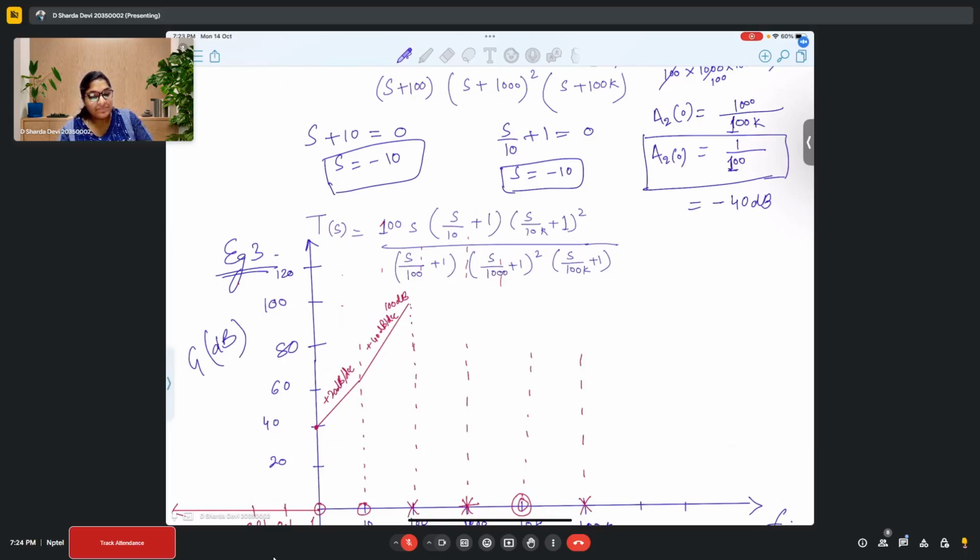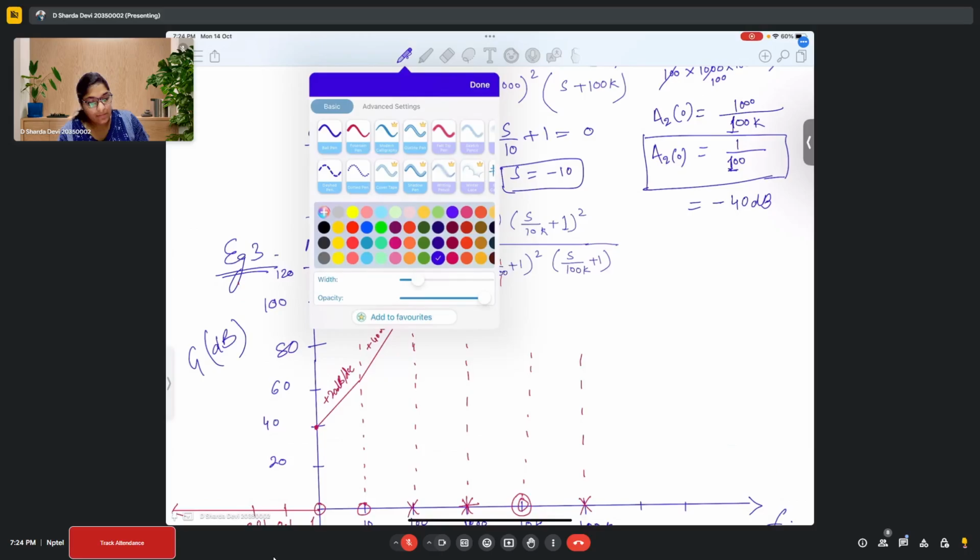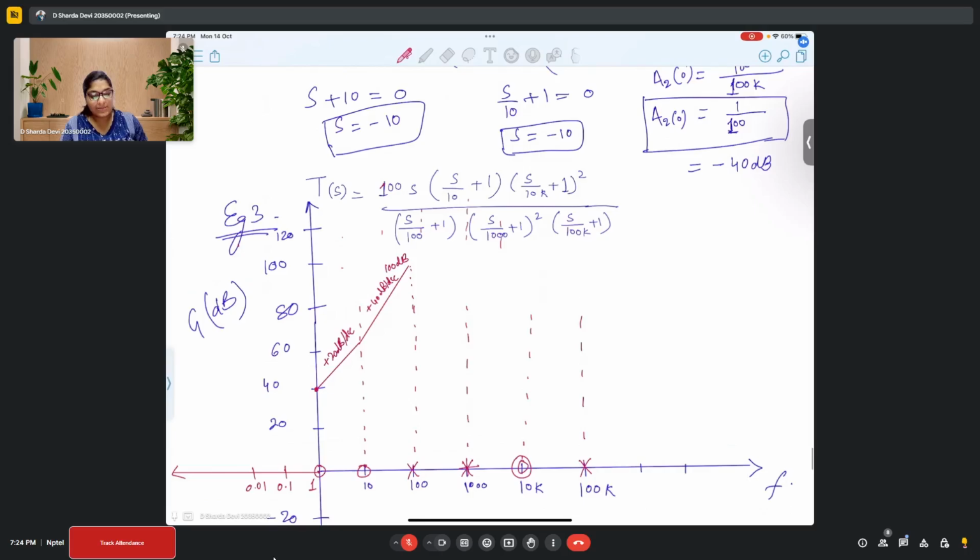Okay. So now we have come across two zeros and one pole, right?